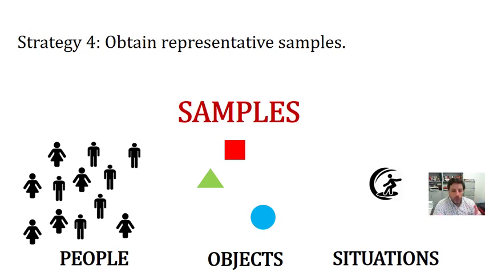The same applies to objects and situations. So if familiarity of words is an important aspect of the phenomenon that we are interested in, then we have to have a sample of words that represents well the distribution of familiar and unfamiliar words.